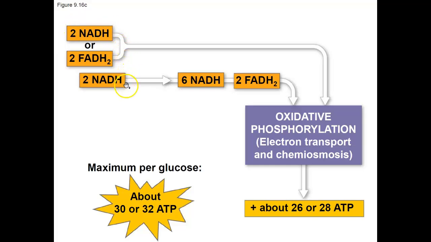All of the NADH and FADH2 molecules from the prior steps enter oxidative phosphorylation to produce an additional 26 or 28 ATP molecules. In total, per glucose molecule, 30 to 32 molecules of ATP are produced.